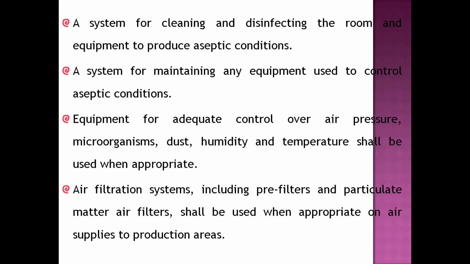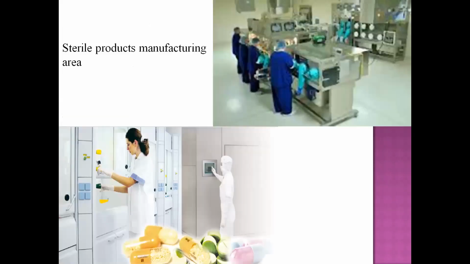Equipment with adequate control over air pressures, microorganisms, dust, humidity, and temperature shall be used when appropriate. The air filtration system, including pre-filters and particulate matter filters, shall be used when appropriate, for air supplies to production areas.